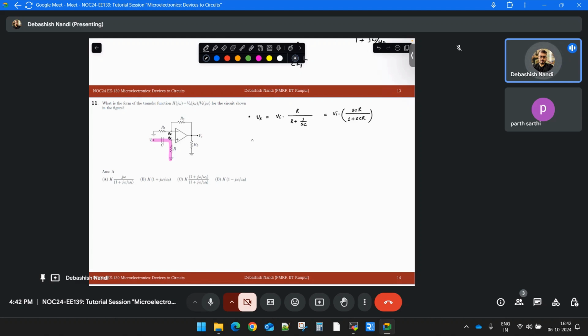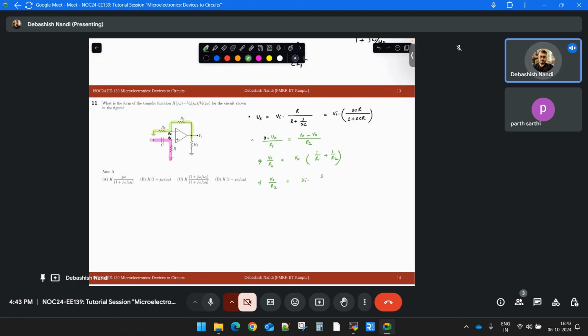And what about the other loop? This one, 0 minus Vx by R1 is equal to Vx minus V out by R2. So your V out by R2 is equal to Vx times 1 over R1 plus 1 over R2. Now your V out by R2 is equal to Vx, which is what?